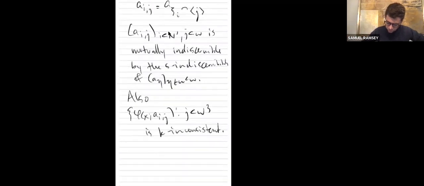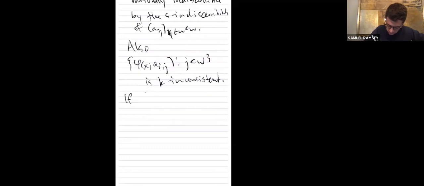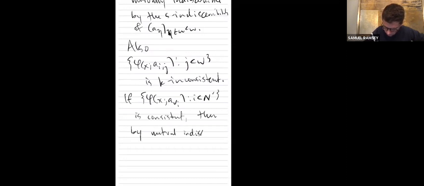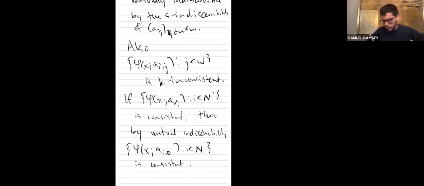So now, if phi x a nu i for i less than n prime is consistent, then by mutual indiscernibility, you have phi x a i0 for i less than n is consistent, contradicting the choice of n.